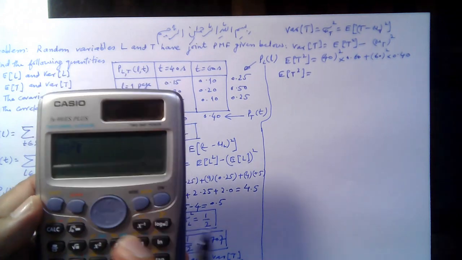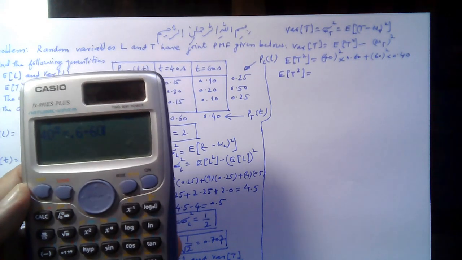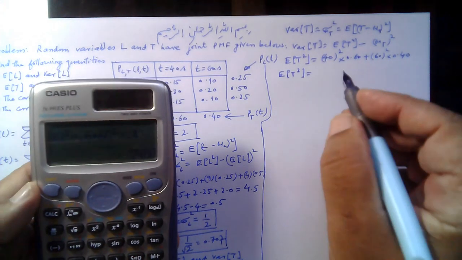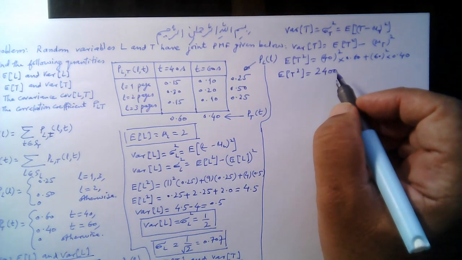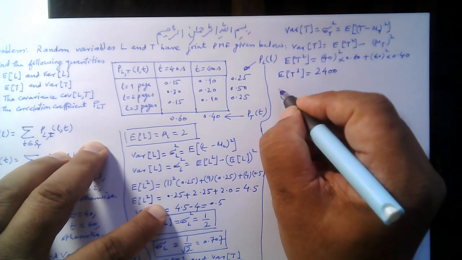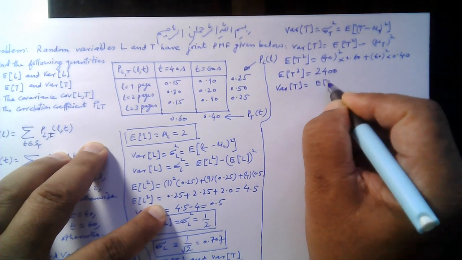That is equal to 2400, right? So this is the second moment around the origin, and the variance of t is given by this formula.